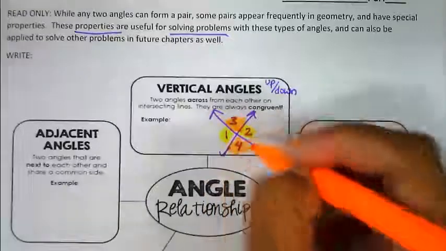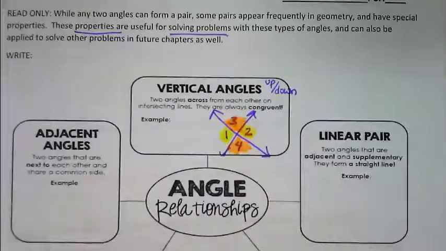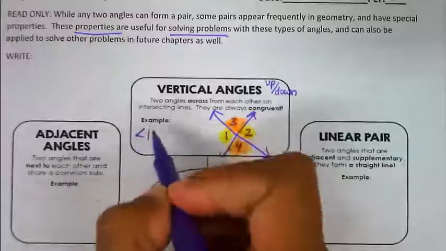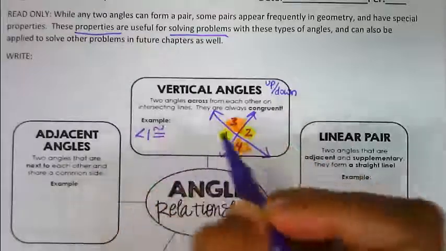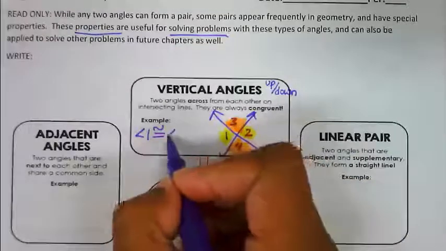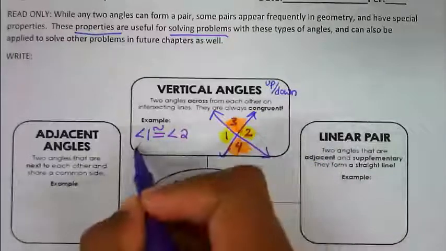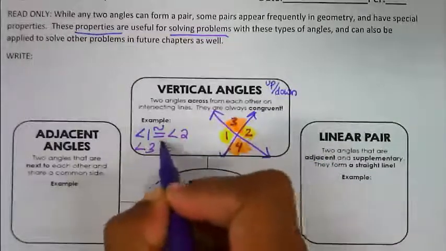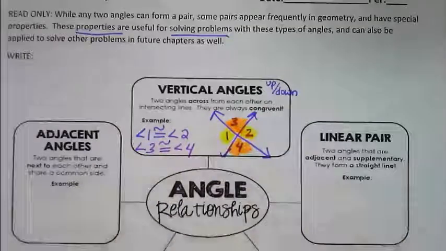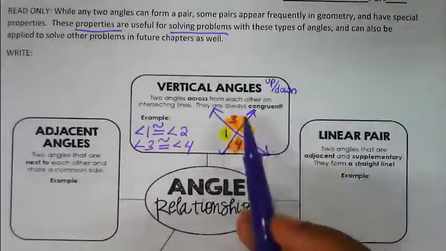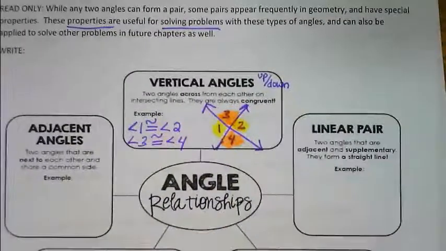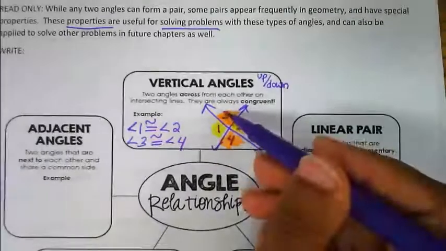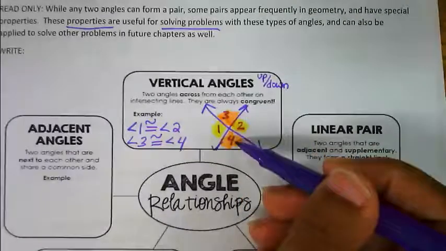And these are my twins right here. So angle 1 is congruent, or an exact copy of angle 2. And then, of course, angle 3, same thing, angle 4. So 1 and 2 are twins, 3 and 4 are twins. That's pretty easy peasy. So if this one is 30 degrees, yes, that's 30 degrees.